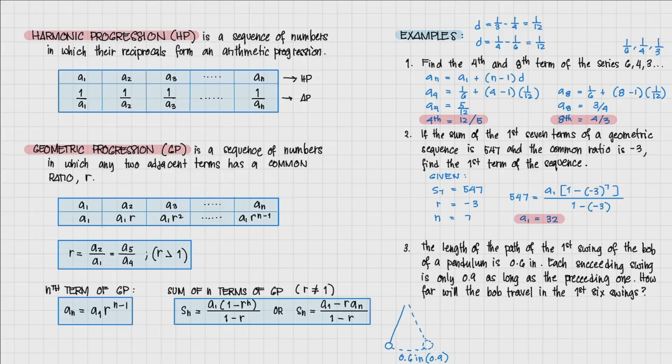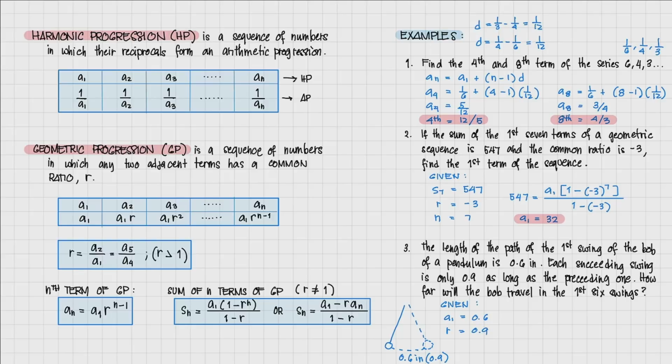So that's our pattern. From that, what would be our given? We have the first term, which is 0.6, right? And then what else do we have? We have the ratio, which is 0.9.